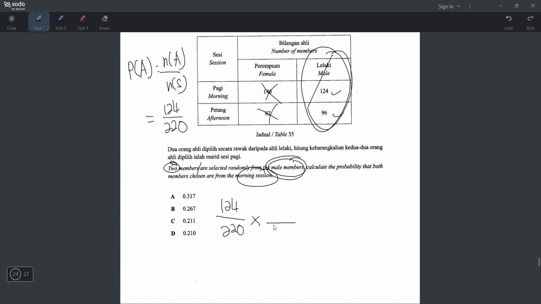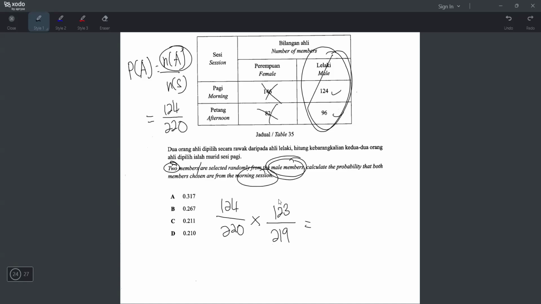So you have to times with, okay, 220, one is already out. So the total left is 219. And then out of the 124 in morning session, one has been chosen, so left 123. So this is how you do it, right? Because when you choose one male member out, your number of morning session also reduces, because one already got chosen, right? And then the total also minus 1.